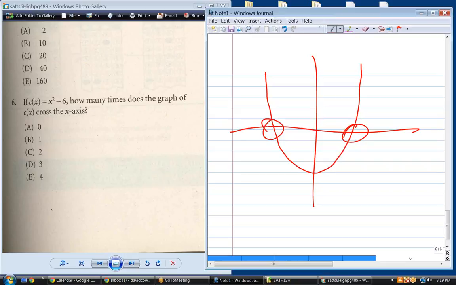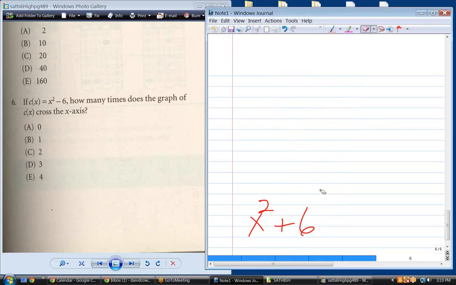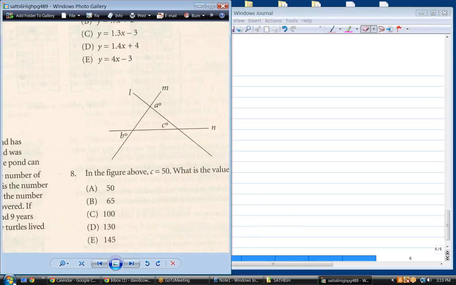Now, how many times does this cross the x-axis? Never. Exactly. It has only imaginary solutions, in fact. Imaginary solutions do not cross the x-axis. Only real ones do. And you could solve that x equals plus or minus square root of 6. There's the 2 spots that it crosses.